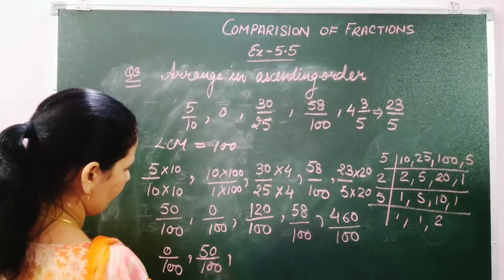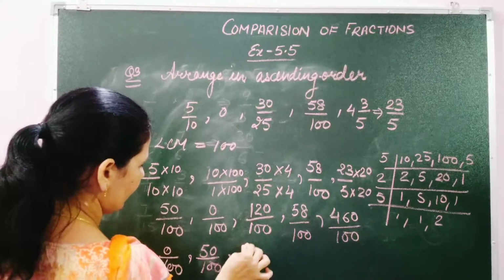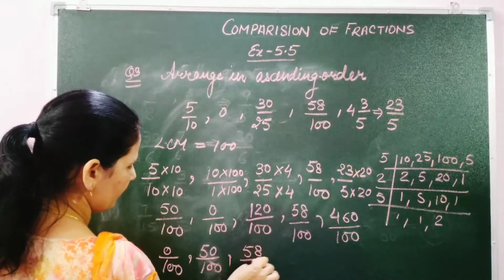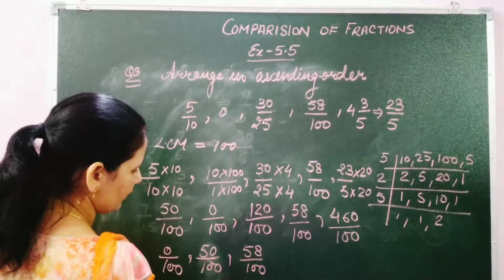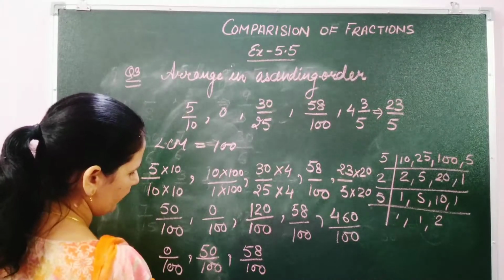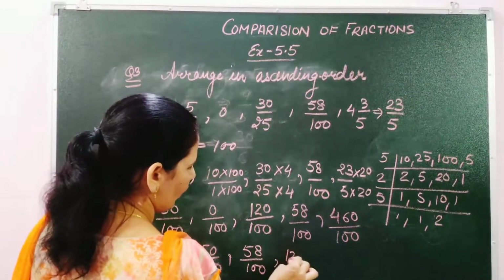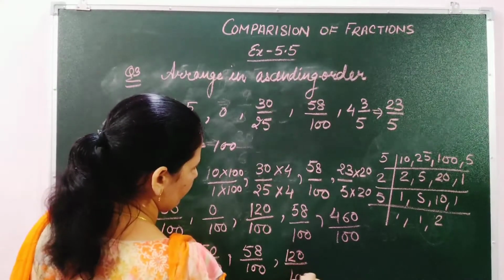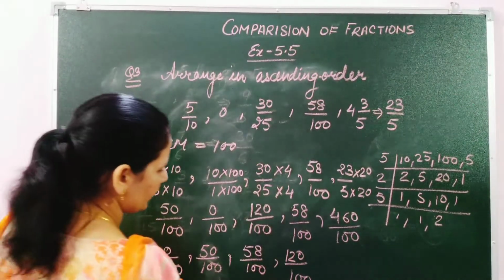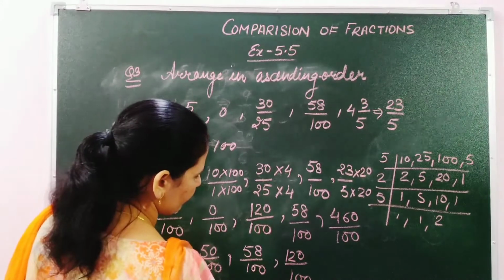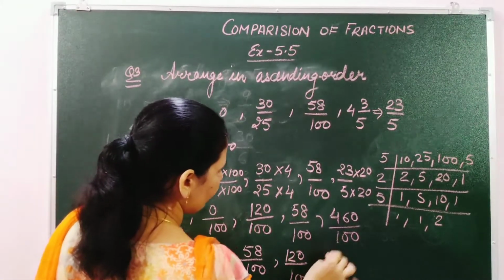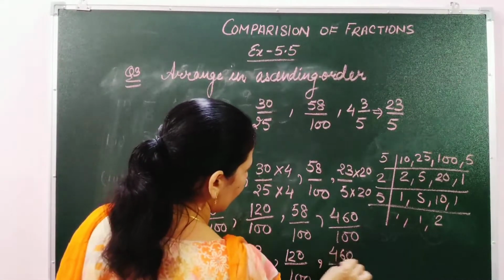Okay. Now third one is 58 by 100. The original value is 58 by 100. Then after that, 120 by 100, whose original value is 30 by 25. And at the end we will write 460 by 100.